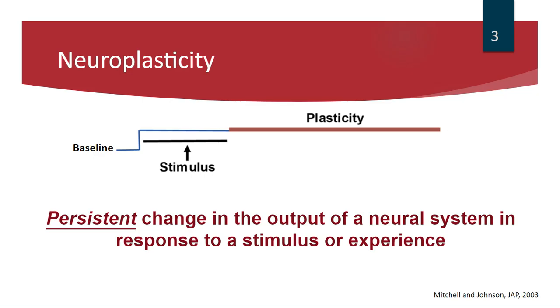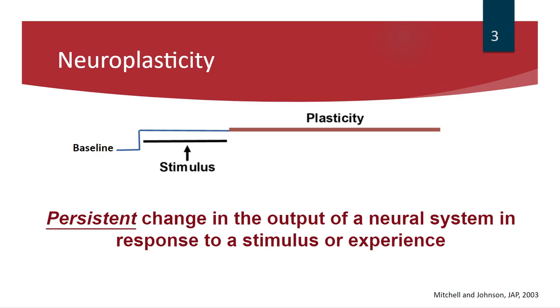Then the physical therapist is tasked with providing specific treatments that are designed to engage mechanisms of neuroplasticity. The idea is to strengthen the neural connections that remain after that injury. And hopefully by strengthening those connections, we get improvements in neural output and subsequent functional recovery.